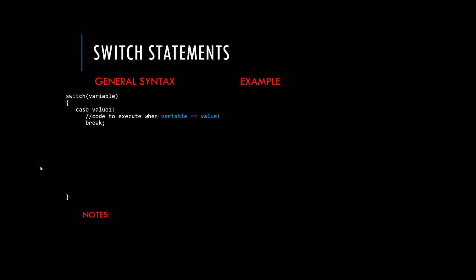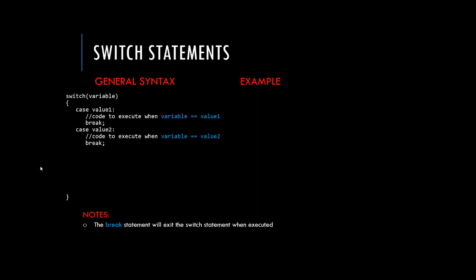We use a break at the end of each case. The break statement will exit the switch statement when it's executed. If you wanted to continue and start from that case and move on to each case after that until it finds the break, it will execute everything that follows from that specific case down to that break statement.